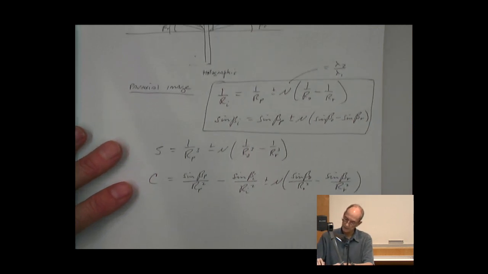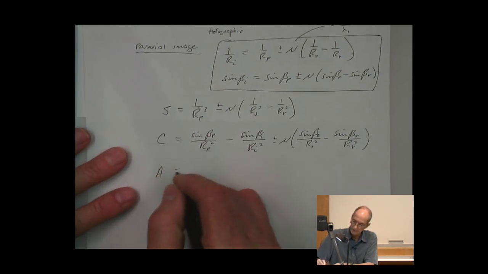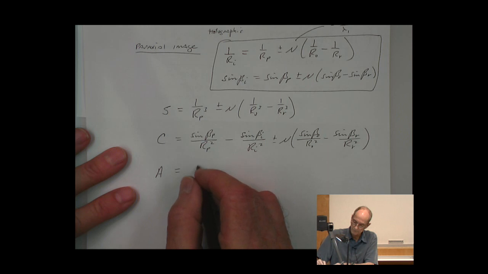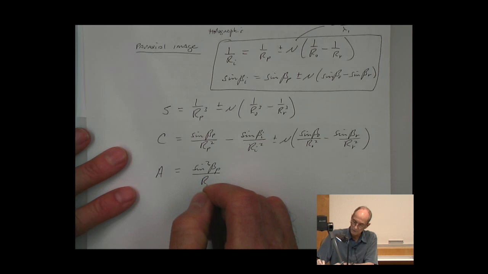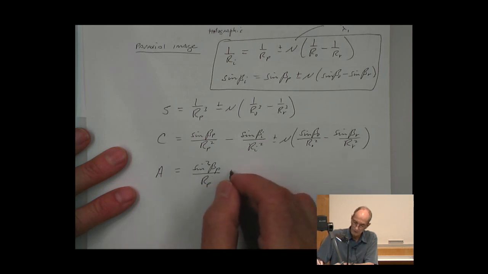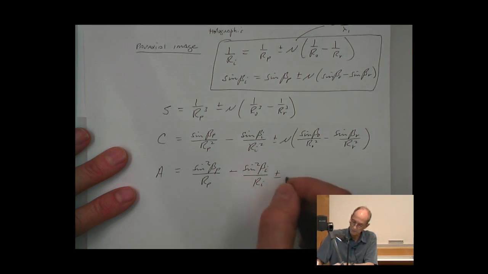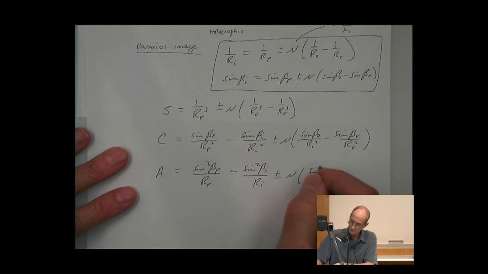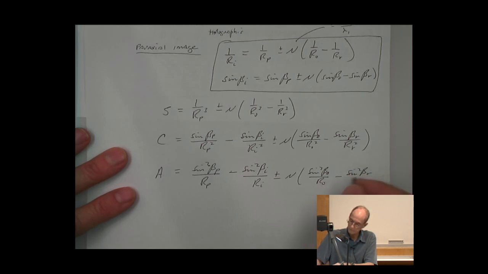Okay, and finally we have the astigmatism A. This is equal to sine squared of beta p over rp minus sine squared of beta i over ri plus or minus mu times sine squared of beta 0 over r0 minus sine squared of beta r over rr.